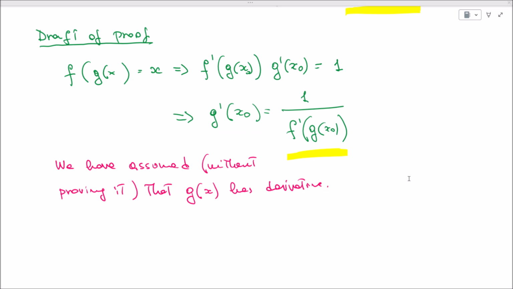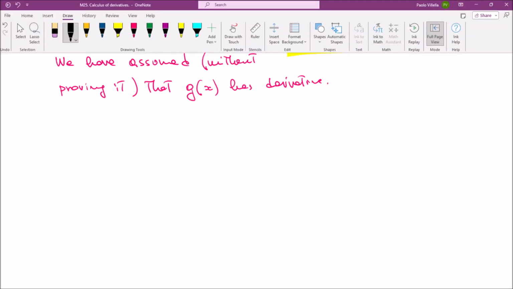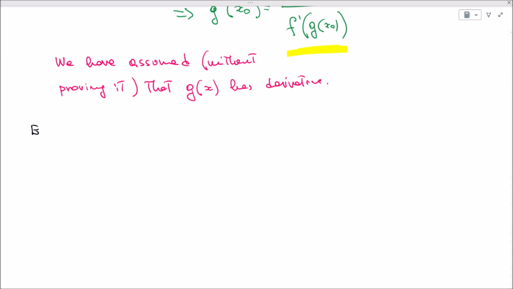Now it's time to apply all these ideas to some elementary functions. So let's start with example 1. We proved in the previous lecture that if we have f of x equal to e to the x, the exponential, then f prime of x is just equal to e to the x.